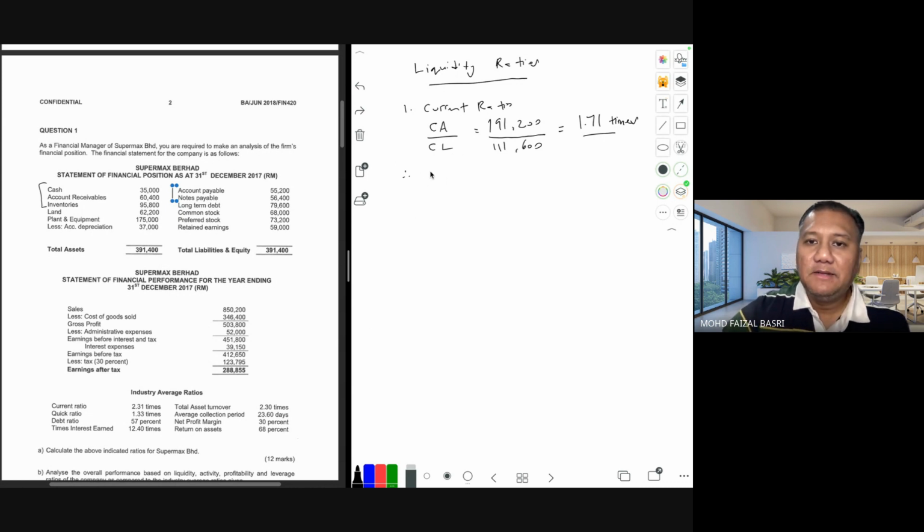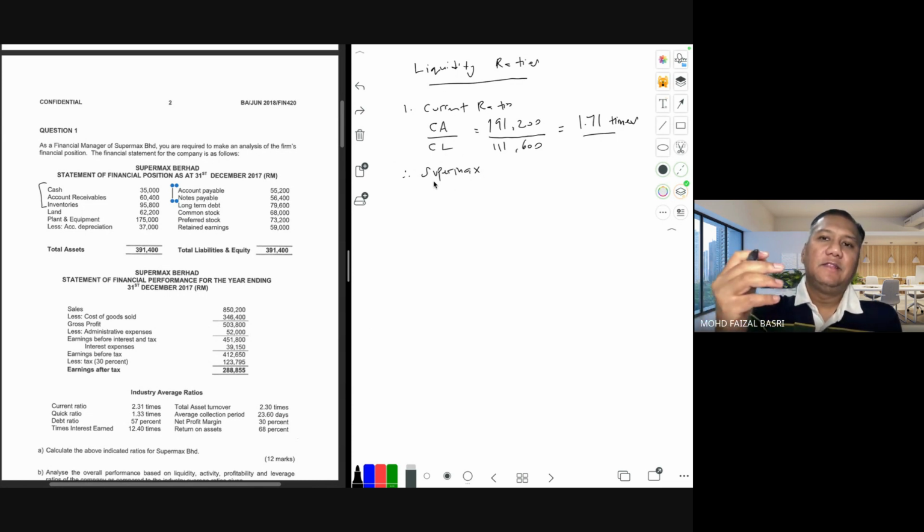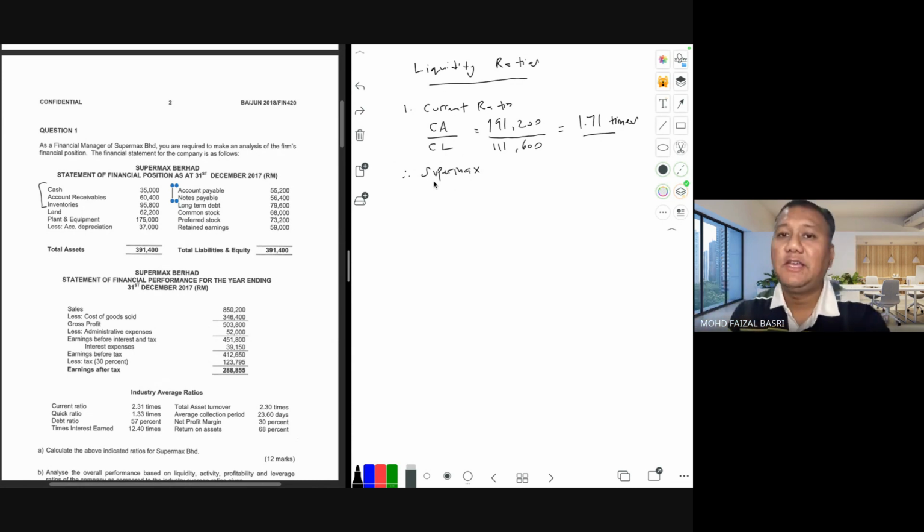that Supermax Berhad... For the first ratio I write it in full, but for the following ratios, you follow these templates. What I write here is how you want to compare. And for every ratio, as I said earlier, in the notes there is an explanation below. You can use that to assist you to write your analysis.